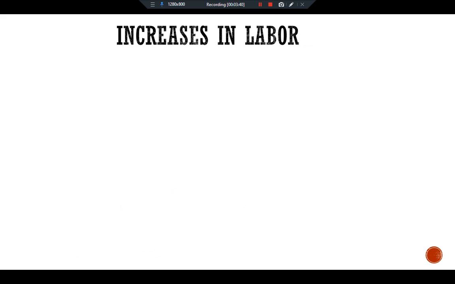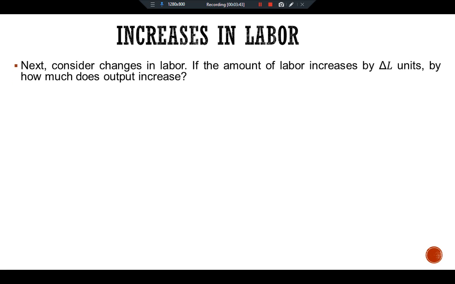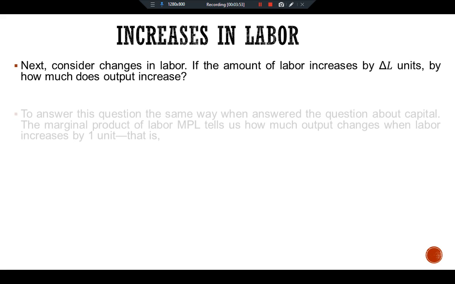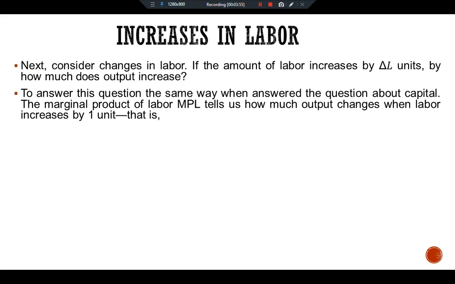Increases in labor. Next, consider changes in labor. If the amount of labor increases by delta L units, by how much does the output increase? To answer this question the same way we answered the question about capital, the marginal product of labor, MPL, tells us how much output changes when labor increases by 1 unit.